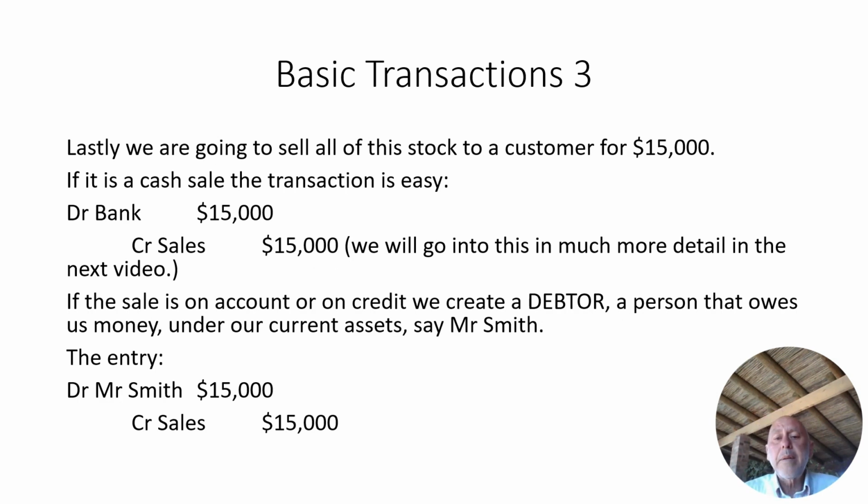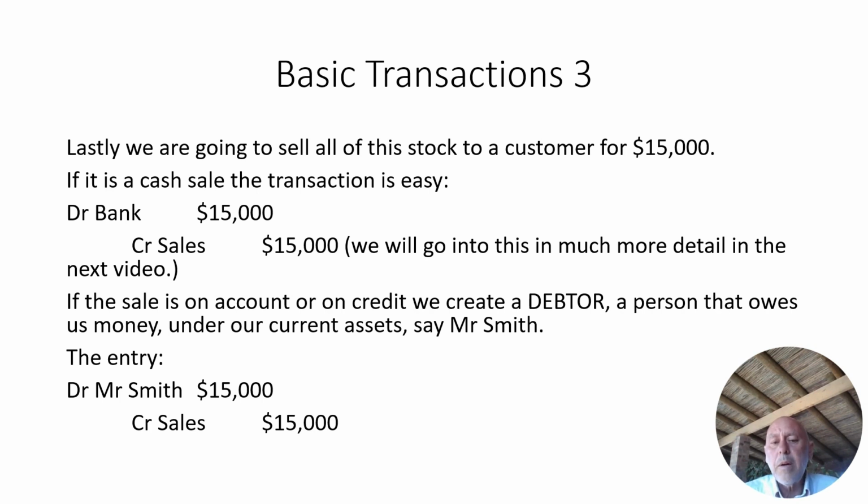Lastly, just as a basic transaction, we're going to sell all of the stock to our customer for $15,000. And I'm going to introduce something that will be in the next video. It's a sales account. I will explain it.